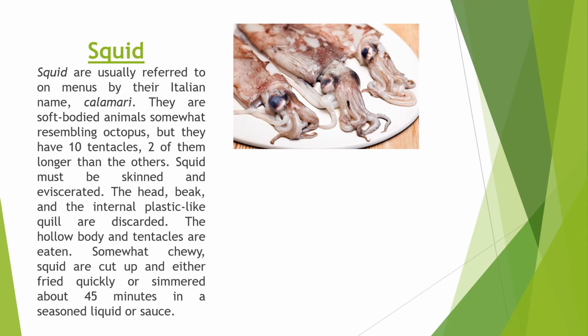The beak and the internal plastic-like quill are discarded. The hollow body and tentacles are eaten. Whether chewed, squid are cut up and either fried quickly or simmered about 45 minutes in seasoned liquid sauce.